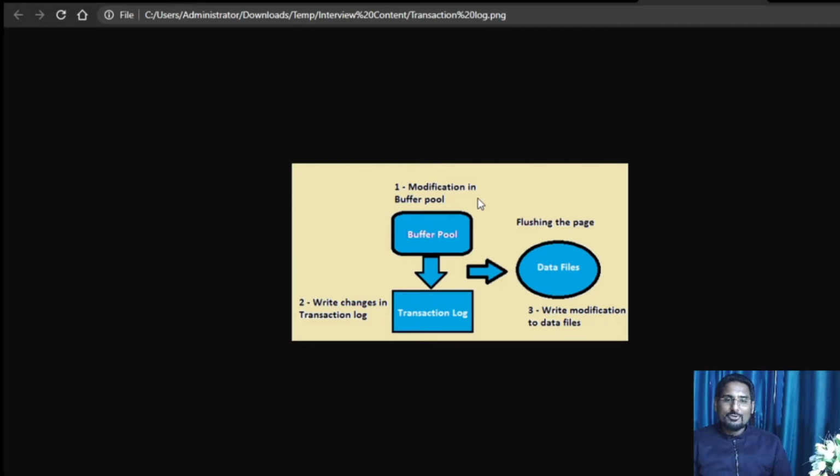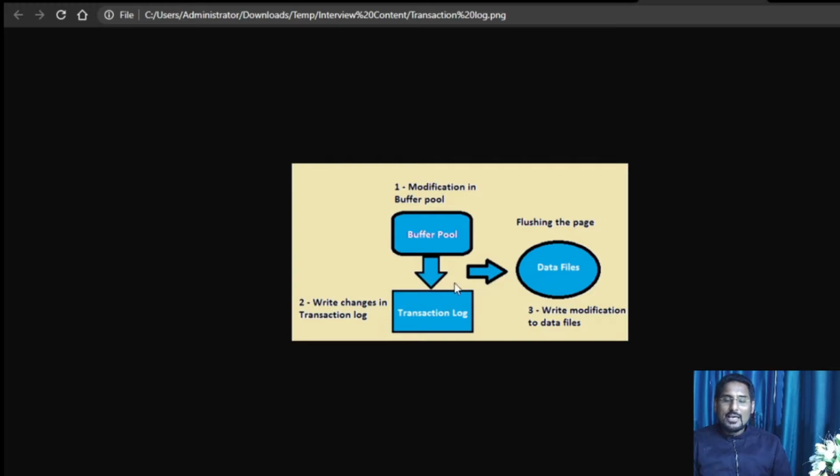So as soon as you create the table and start inserting data into it, as I said, it starts creating the log. The logs first get created in the part of the buffer pool called the log cache. And when the log cache is full, the logs thereafter move to the transaction log.